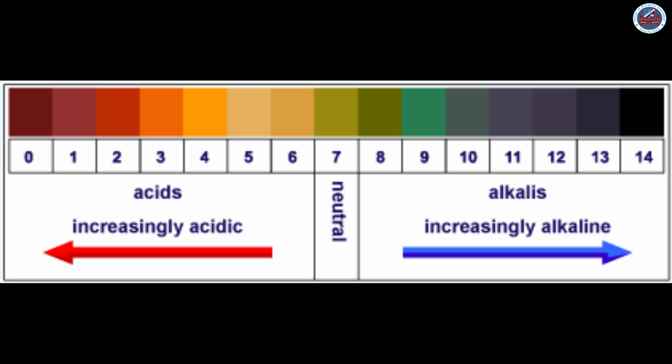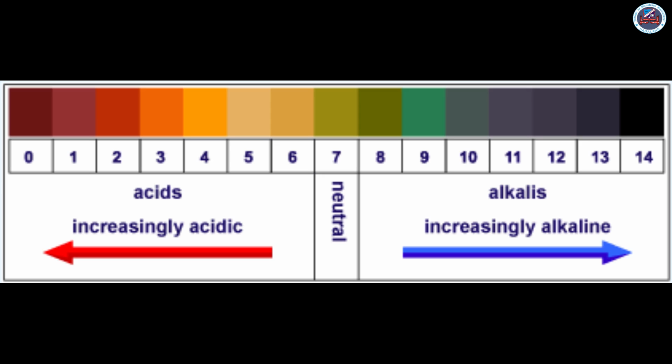The color chart for the universal indicator helps us to know the pH of the substance. If the pH is from 0 to 6, then it is an acid. 0 means a very strong acid, while 6 means a weak acid. If the pH of the substance is 7, then it is a neutral substance.